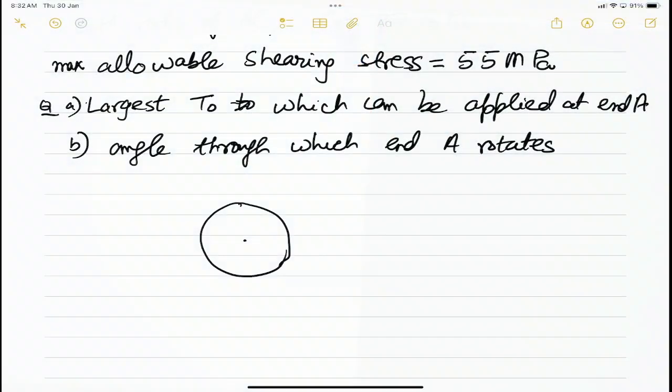So let's start solving the problem. If I look at the gear at B, then on this gear there will be some forces coming at B because of the rod.